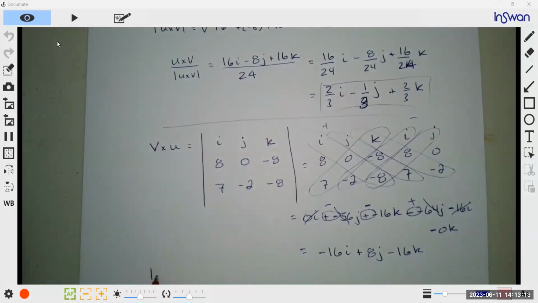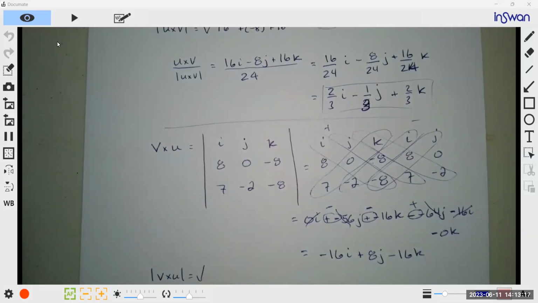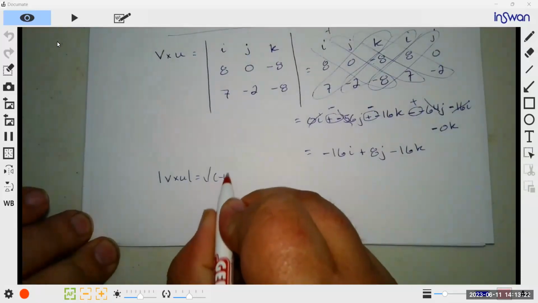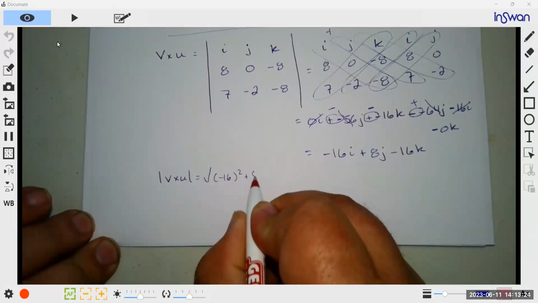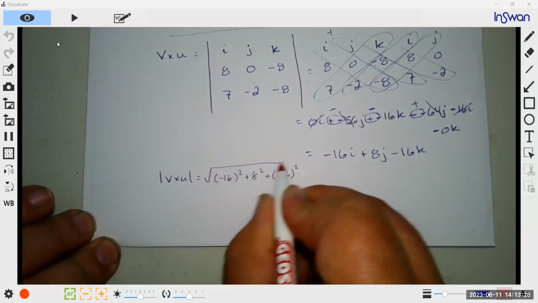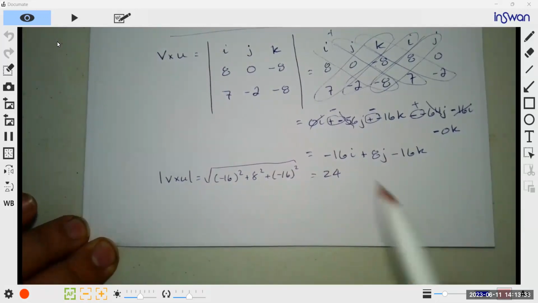The magnitude of that: negative 16 squared, 8 squared, negative 16 squared. It's the same thing. The same coefficients, just change the signs because we flipped them.